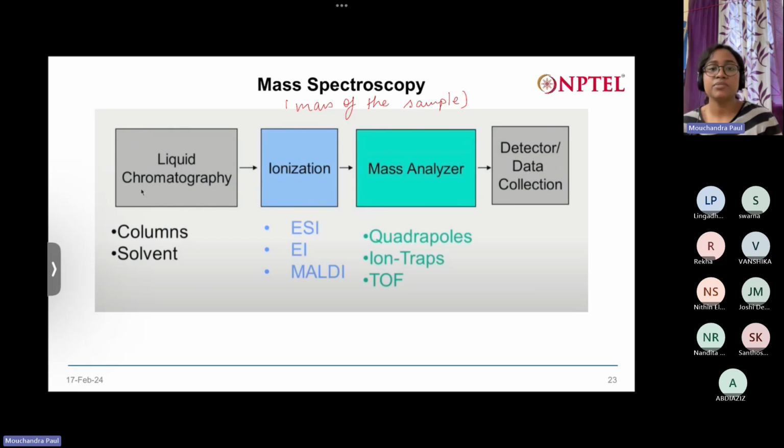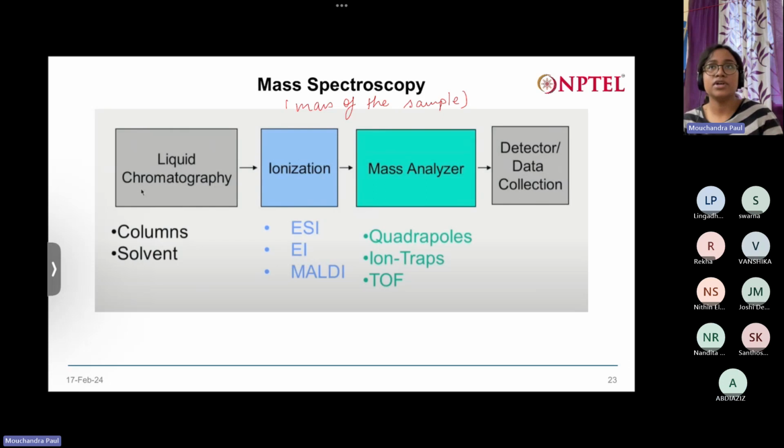The sample can be in the form of liquid or gas. If you are using a liquid sample, then you will use a solvent to dissolve it and pass it through a liquid chromatography. Now, why liquid chromatography?